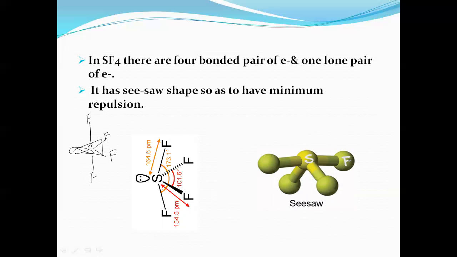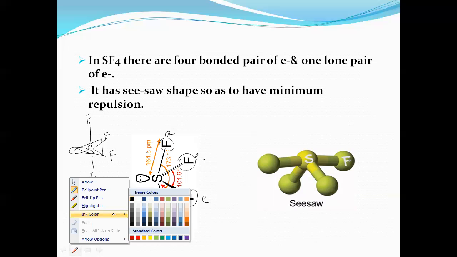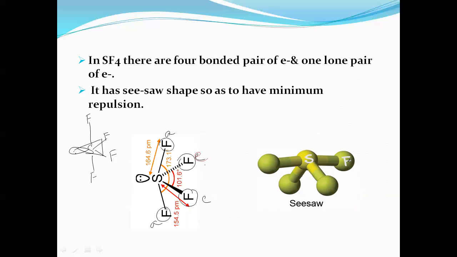So this is similar to this structure where these two fluorines, when encircled, are axial. So I'll label them, and these two are equatorial here. I'll change the color. Yes, this is equatorial and this is equatorial. These two fluorines are equatorial here.